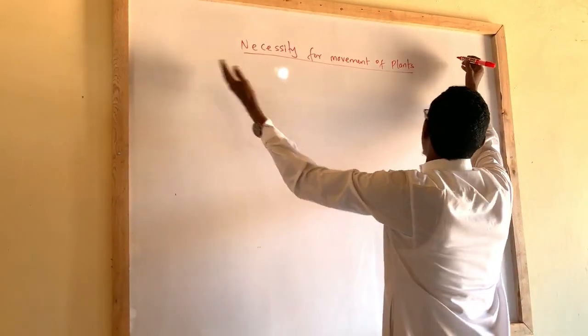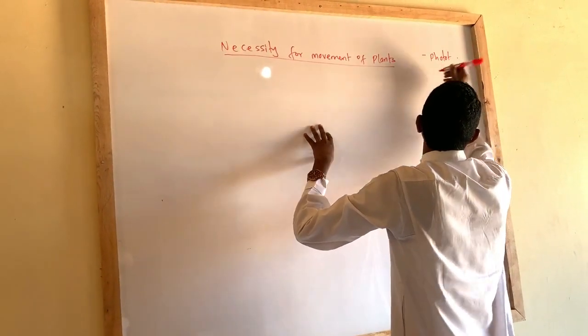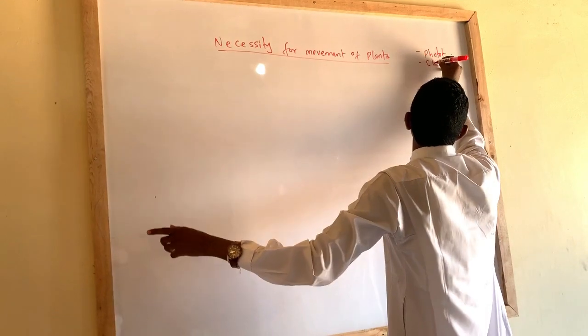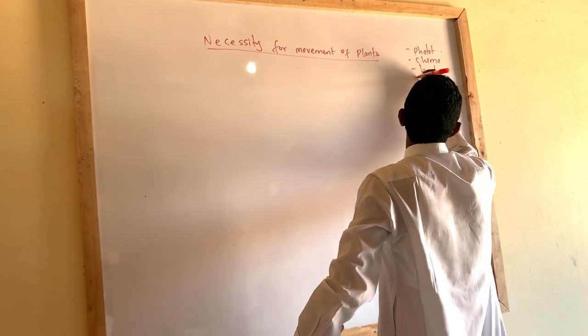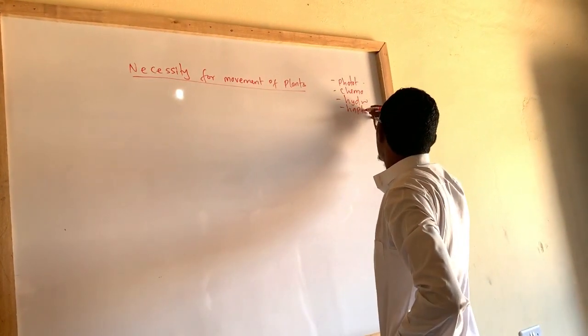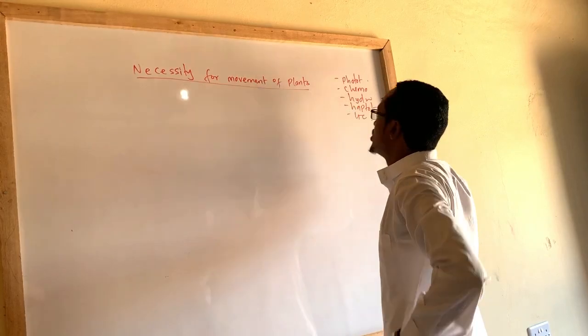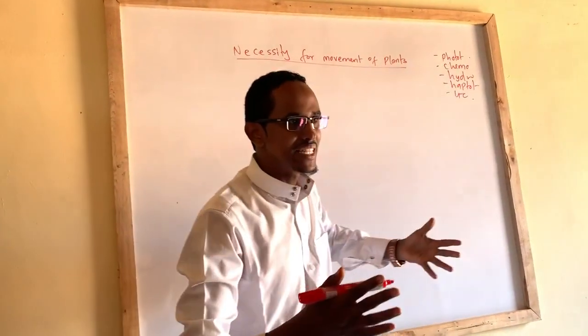The ones I just wrote on this side: we talked of phototropism, chemotropism, hydrotropism, haptotropism, and then geotropism. Now, all these are growth movements in plants.